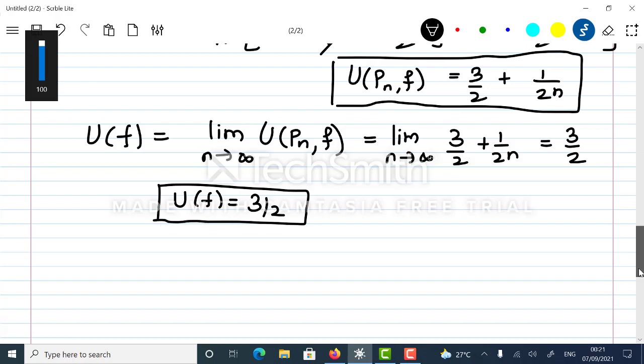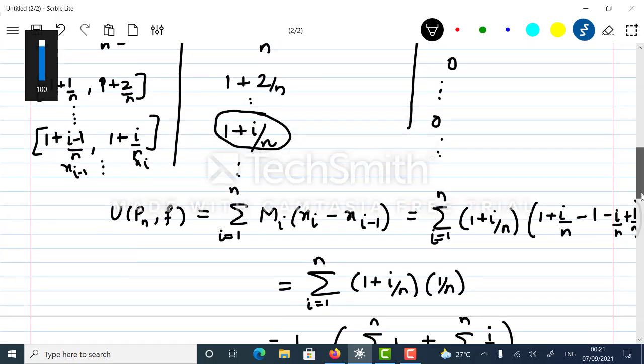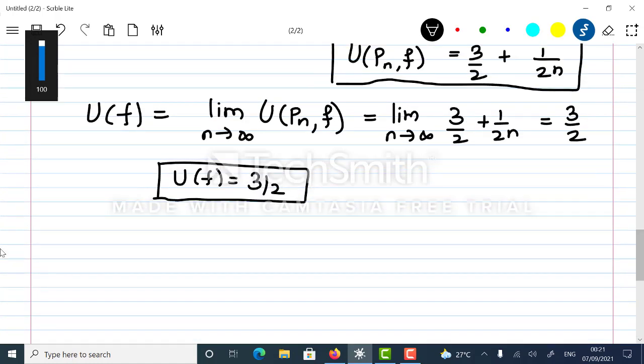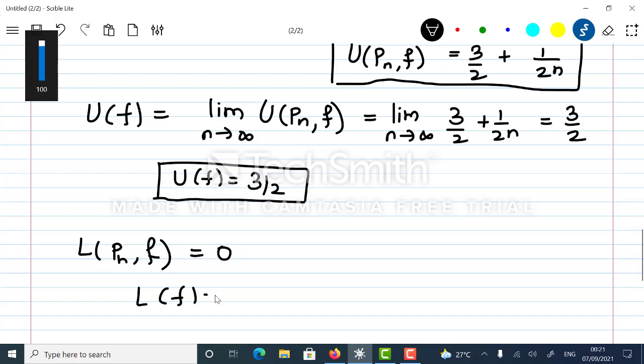Now for small mi, you can see that small mi is always 0. So L(P_n, f) is straight away 0. This would imply L(f) is again the limit as n goes to infinity of L(P_n, f), which is equal to 0.